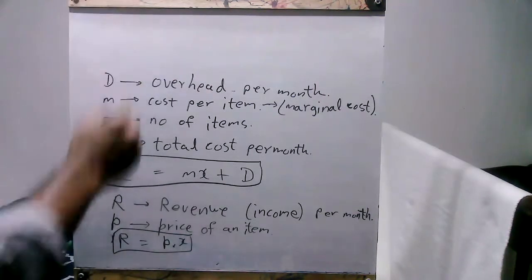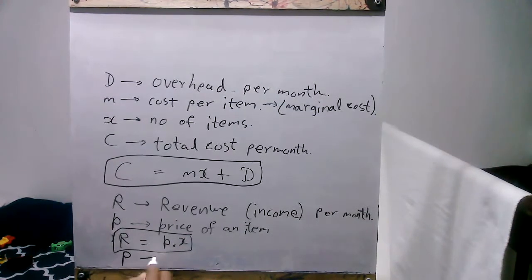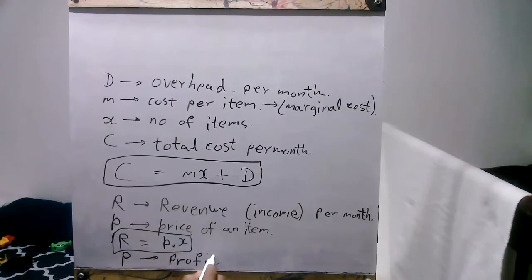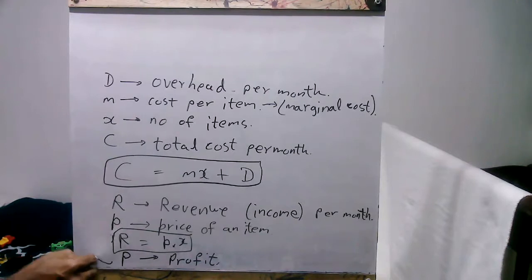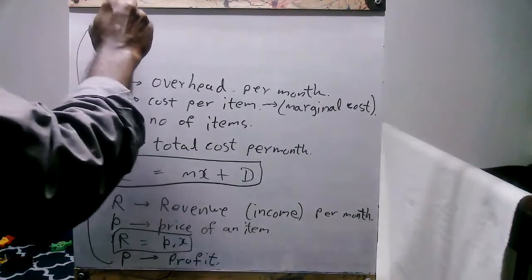This is the last letter I'm introducing, capital P. This stands for the profit. So after that I write the profit equation. How do we calculate the profit?